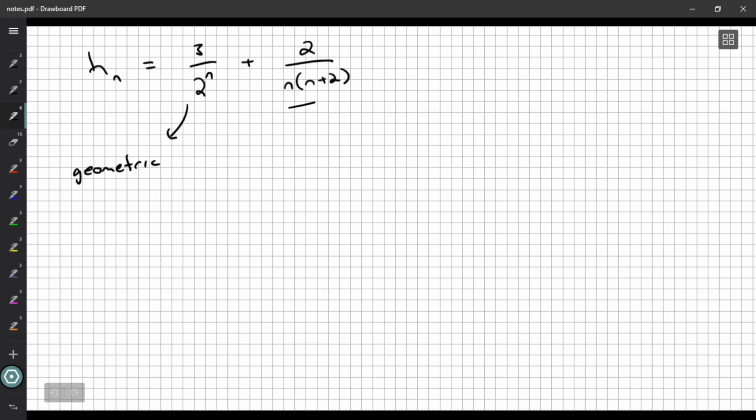And this kind of looks like, well, maybe just because it's a rational function in n, maybe we could do some sort of partial fractions and show that it's telescoping. This one here, definitely geometric.